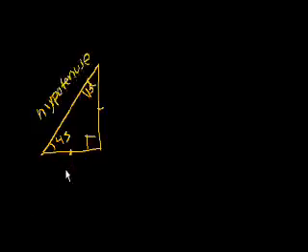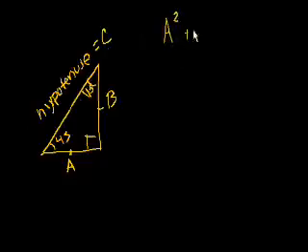So let's call this side A and this side B. From the Pythagorean theorem, let's say that the hypotenuse is equal to C. The Pythagorean theorem tells us that A squared plus B squared is equal to C squared. Well, we know that A equals B because this is a 45-45-90 triangle.